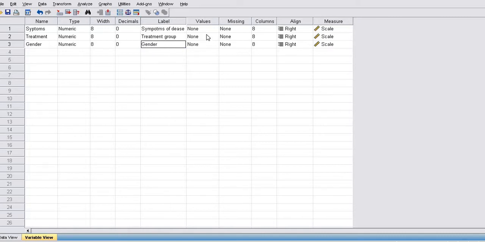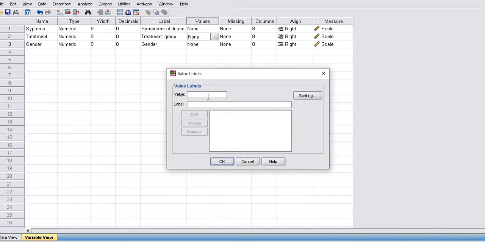The values are as follows for treatment. There are three treatments. One, individuals. Two, group.